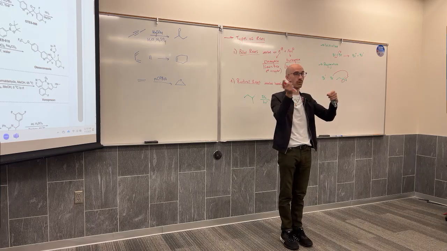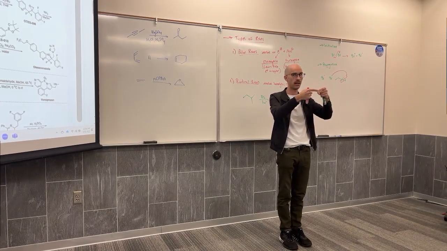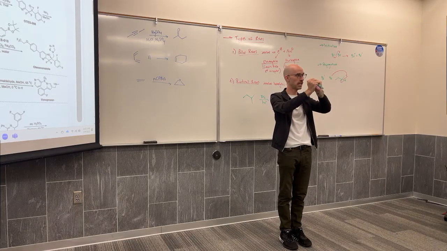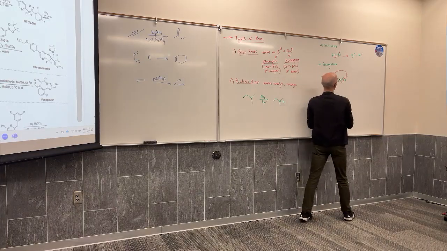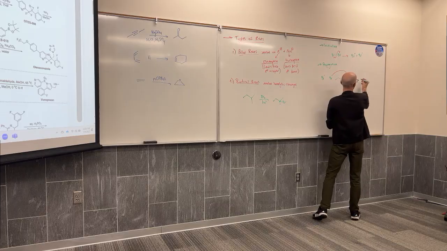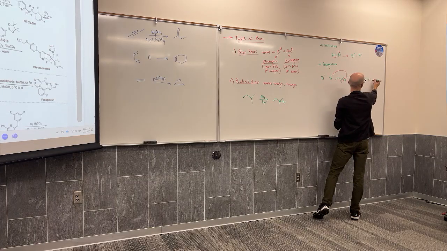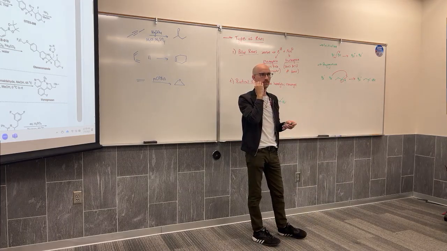So what happens when 1 electron and 1 electron come together? A bond is formed, correct? 2 electrons create a pair. 1 electron going to the carbon. Propagation here creates a carbon radical and HBr.